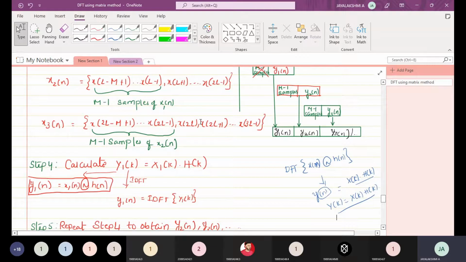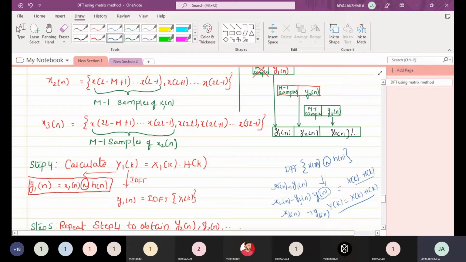Likewise, you have to compute for each subsequence. For x1 of n, you need to find the new sequence y1 of n. For x2 of n, you need to find y2 of n. Similarly, for x3 of n, you need to find y3 of n.